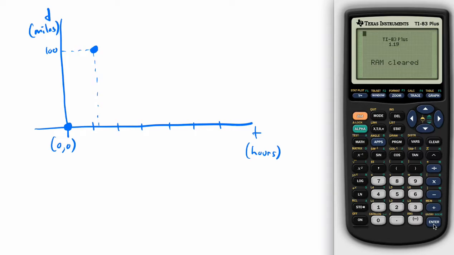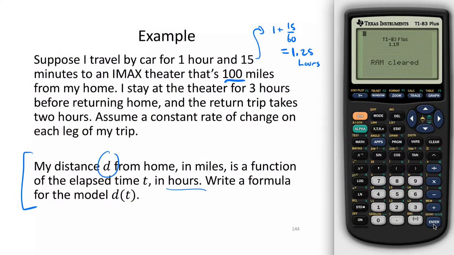We're assuming a constant rate of change for all legs of the journey, so I'm assuming that my model is linear between those 2 points. So that's the first part of my model. Now what happens? I stay at the theater for 3 hours.